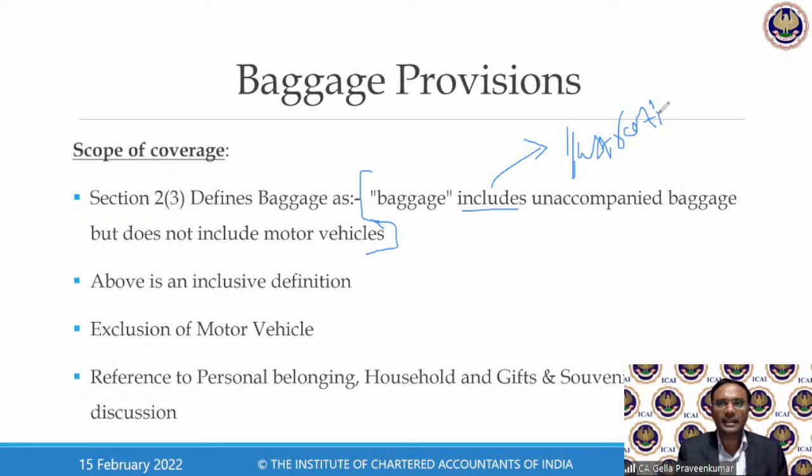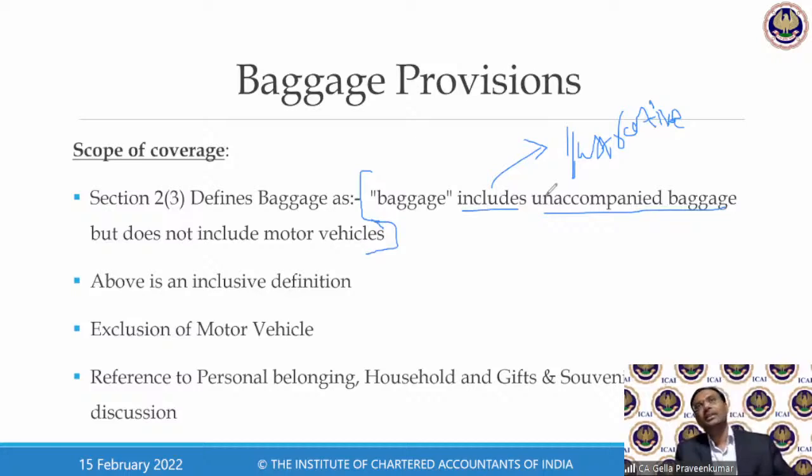This list is illustrative, meaning whatever comes to your mind can be included in this. It includes unaccompanied baggage, but does not include motor vehicle. I'll give an example for you to understand this term called baggage.